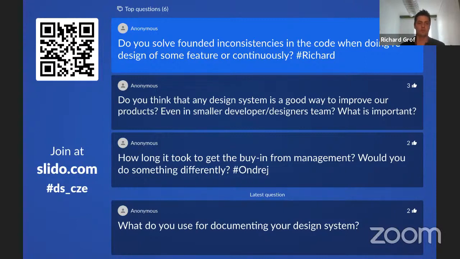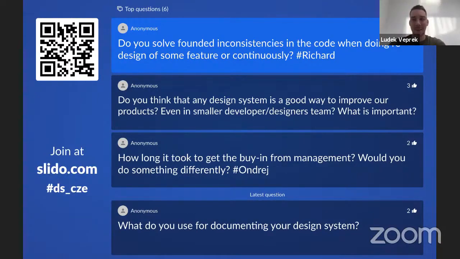But sometimes when we do some larger composition, it needs to be redesigned, and then it's on the product to adopt it, usually on a new product when the component is going to be adopted, or if there is the budget and priority on a particular project to replace the component, they can do that in their own time. But of course there is code inconsistency, but I'm not the person who codes right now, so this is the issue of our developers, and I believe it is handled by them.